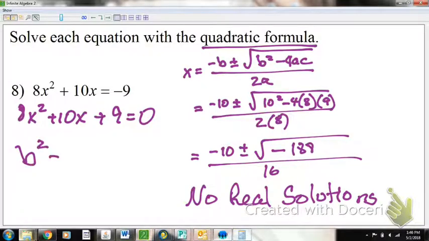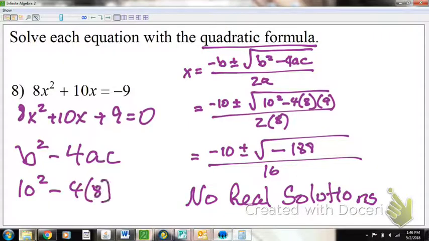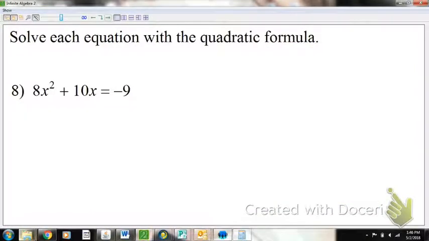A quick investigation of what b squared minus 4ac is here tells you that it is certainly a negative number, and we could jump straight to the fact that we have no real solutions. And that's going to happen a lot of times if everything is positive. Not always, but a lot of times. It pulls the parabola up above the x-axis and doesn't have any real solutions.